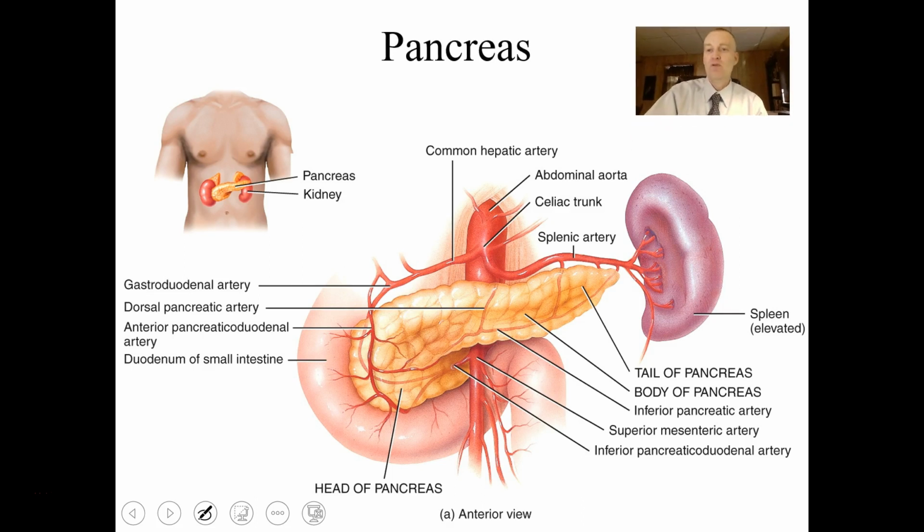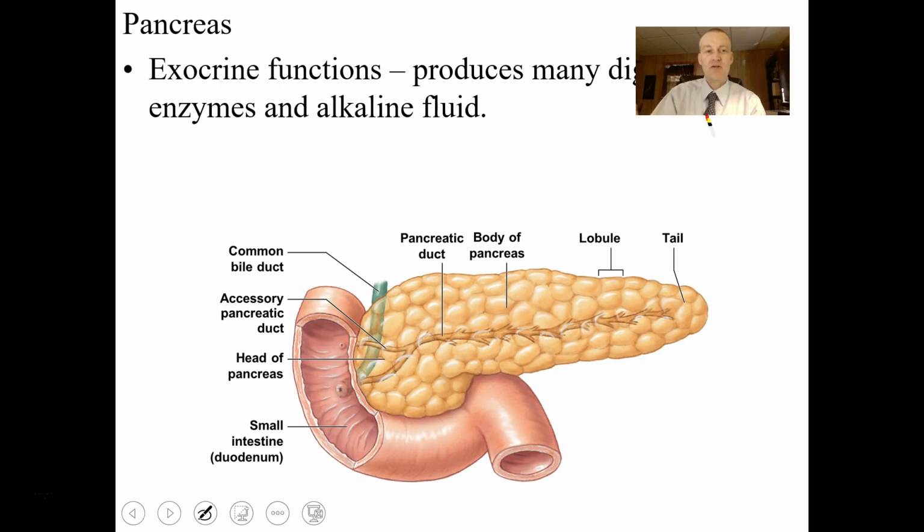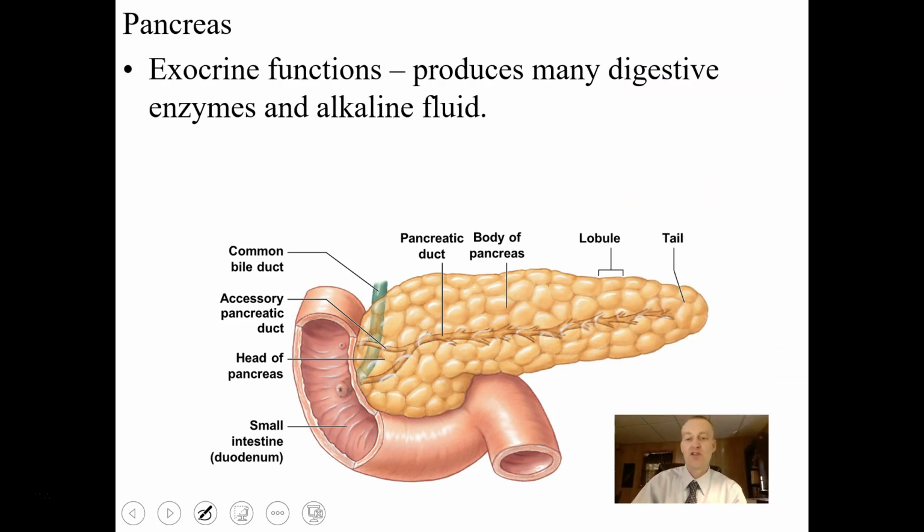All right, moving on to another endocrine organ, we move on to the pancreas. The pancreas is really important. It's tucked in right underneath the stomach, in the curve of the first part of the small intestine. The pancreas has functions other than endocrine functions. It has exocrine functions, so it makes a lot of our digestive enzymes, and it produces an alkaline fluid.